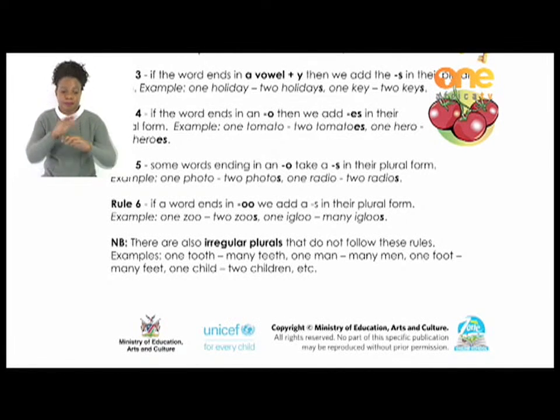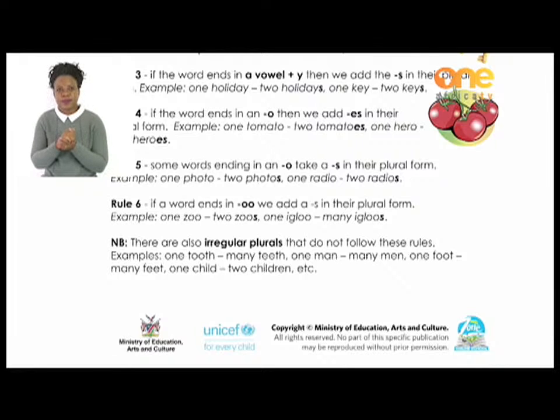For example, zoo, two zoos. One igloo, many igloos. These nouns end with double O. Then we are just adding S as the plural.